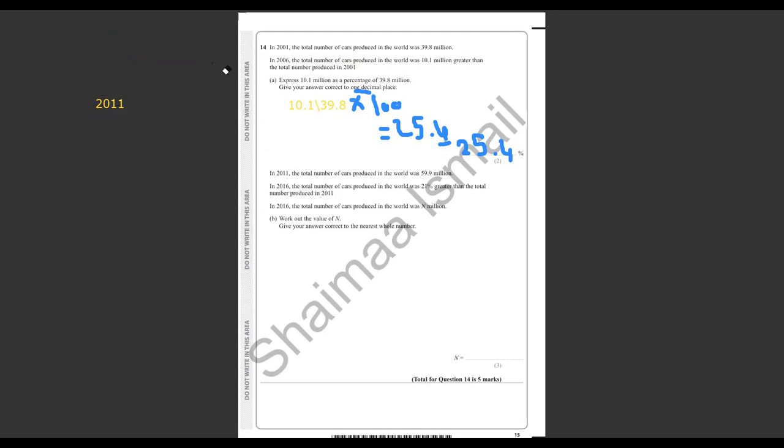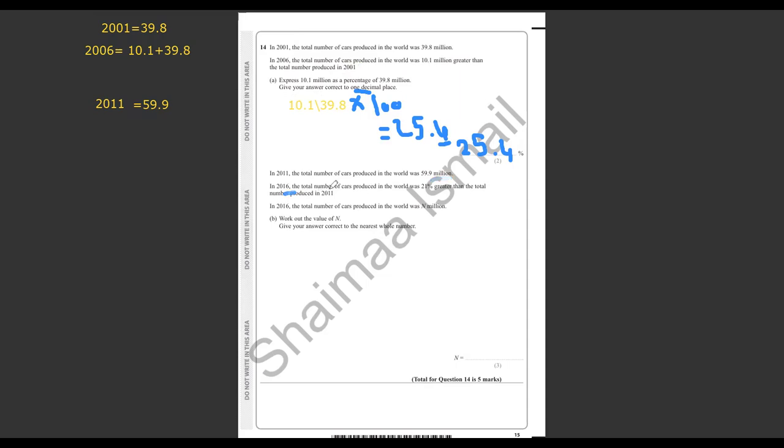Okay. So here it will be 2001. But in 2011, which means after 10 years from 2001, it's produced 59.9 million, of course. Okay.